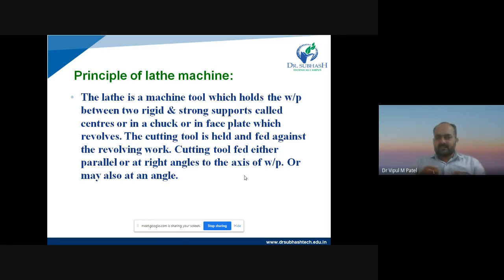We set the tool parallel or at a right angle to the axis of the workpiece, and then we get the feed during the operation. Or it may also be at some angle to perform a different operation like taper turning, so we set it at an angle and then perform the taper turning operation. So this is the principle of a lathe machine.